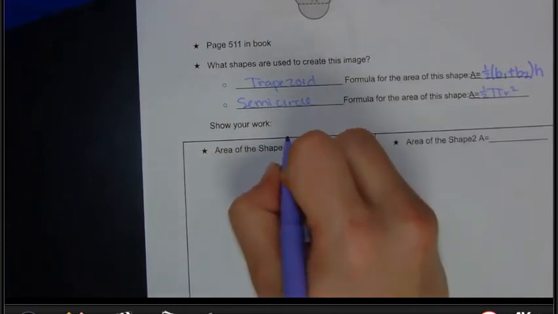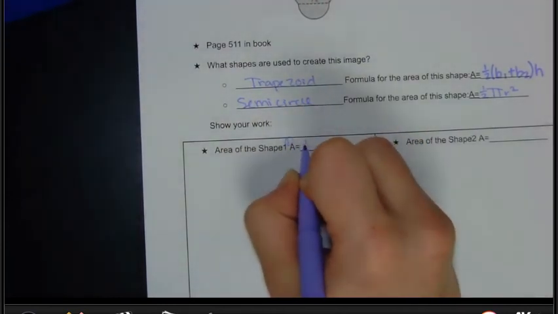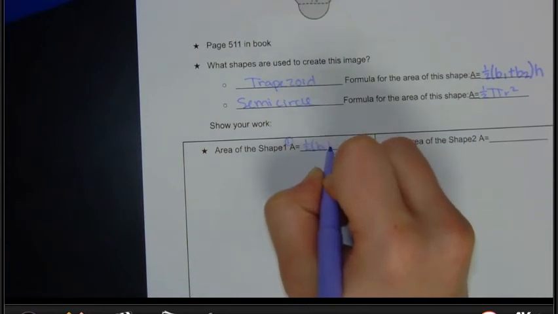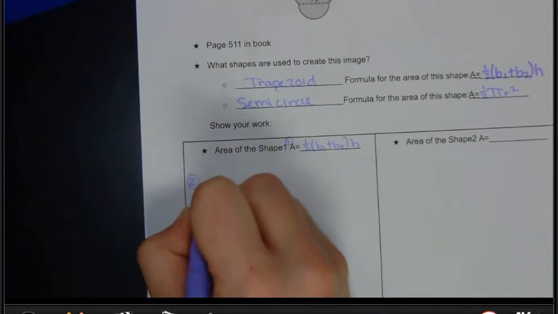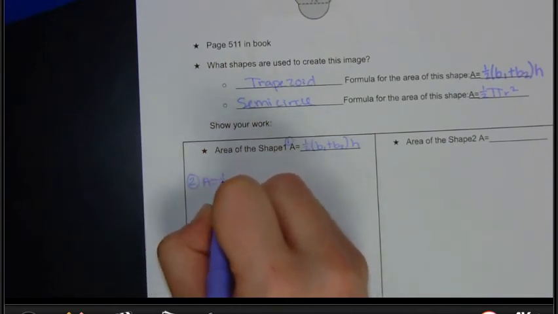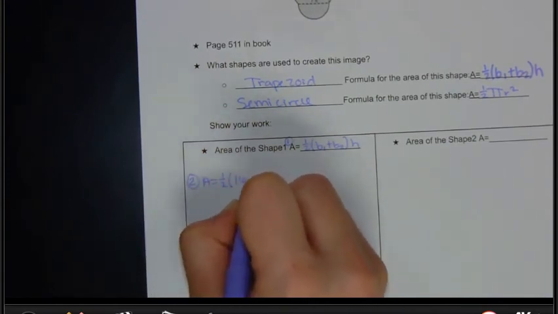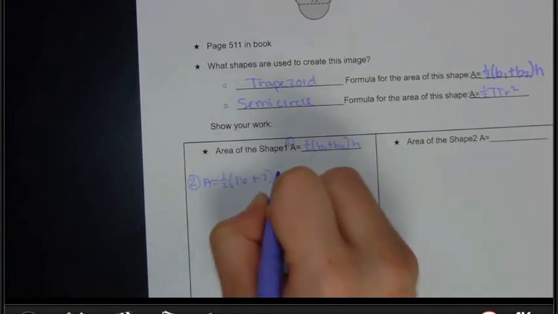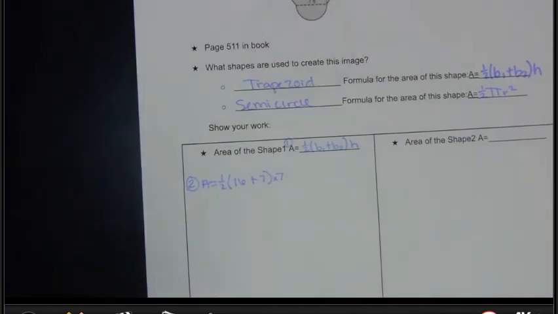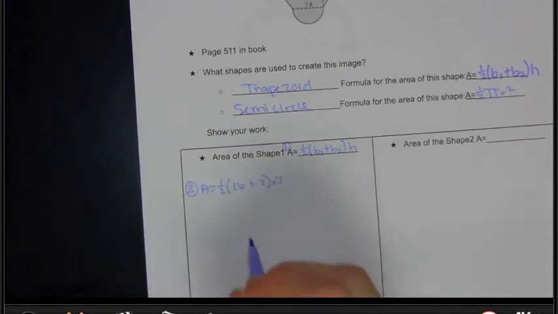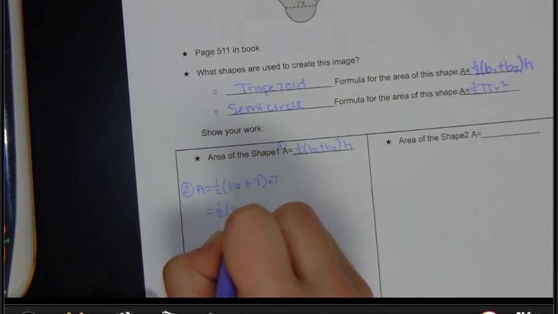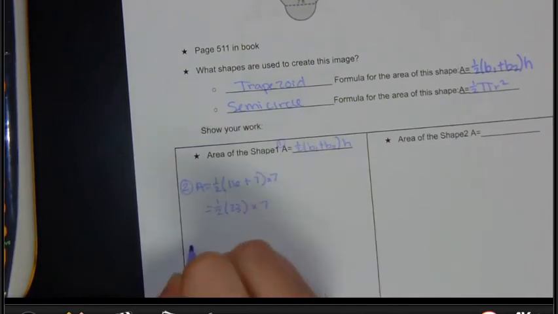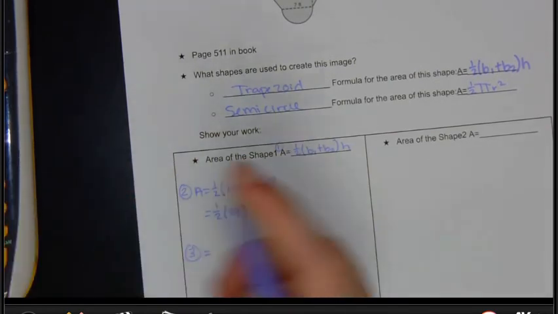Let's rewrite our first step, the equation: 1/2 times (B1 plus B2) times the height. Second step, fill in anything I have. So area is equal to 1/2 times (16 plus 7) times 7. Well, 16 plus 7 is 23. So 1/2 times 23 times 7. And the third step is to solve it. 23 times 7 is 161.